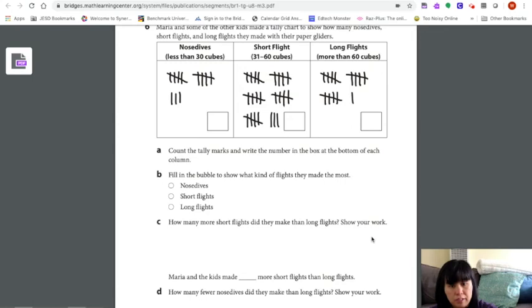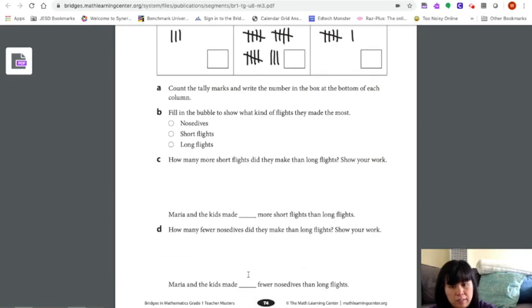Show your work. So you're going to look at how many more short flights they made than long flights. Show your work here. Remember, you can draw pictures, you can draw an equation, and make sure you tell us how you got that answer. But then make sure that you write your answer here.